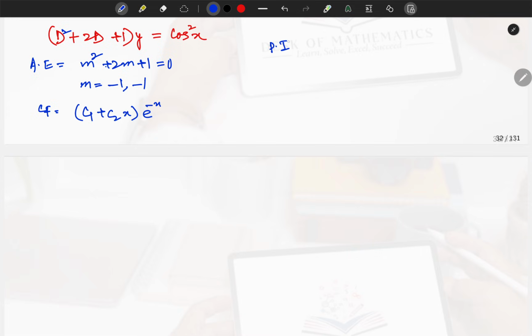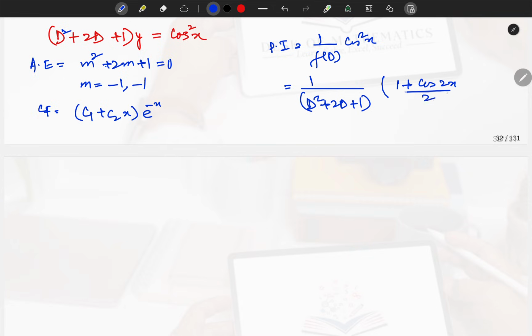Now the particular integral, that's 1 by f of D of cos squared x. So that is 1 by, what is f of D, D squared plus 2D plus 1, and your cos squared x, you can write it as 1 plus cos of 2x divided by 2.